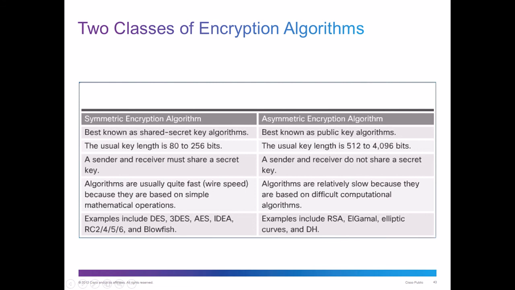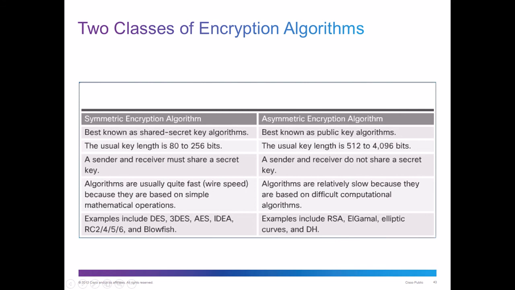The problem with symmetric keys is that if somebody gets their hand on the key, then of course they can decrypt all the data that's being transmitted. But the benefit of symmetric keys is that it's much faster than asymmetric encryption.